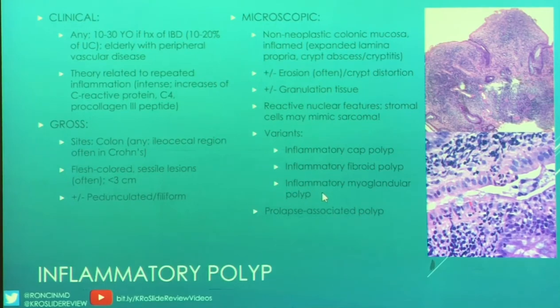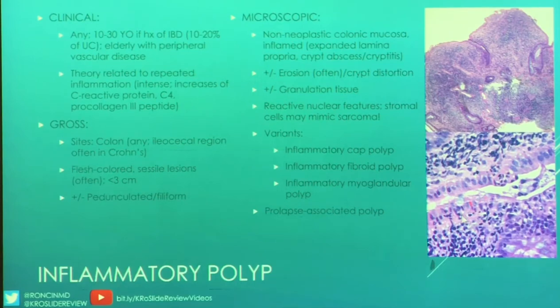Yeah, okay. And there's also prolapse-associated polyps. Prolapse-associated polyps usually happen in the rectum, and you get this smooth muscle streaming up towards the surface. So you could see how prolapse and the fibroid polyps might look kind of similar.